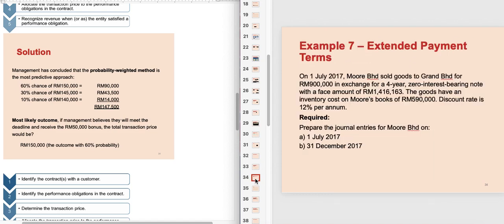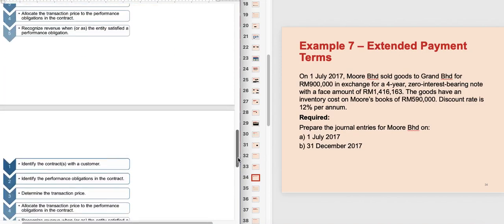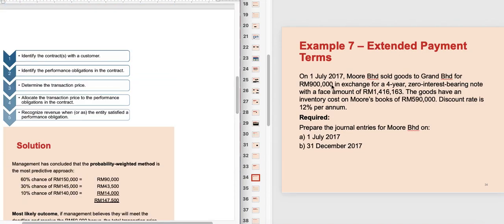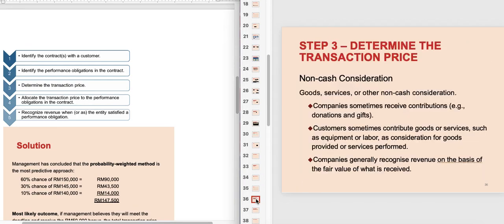Let's look at this example. On 1st July, I think we can skip this one because you don't cover note receivable. You can skip this one.